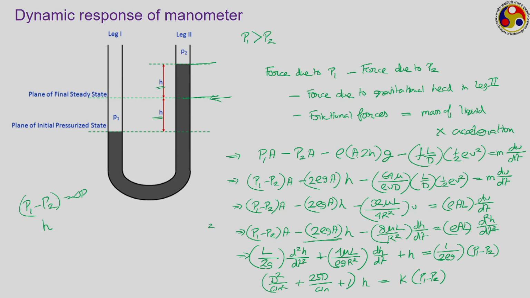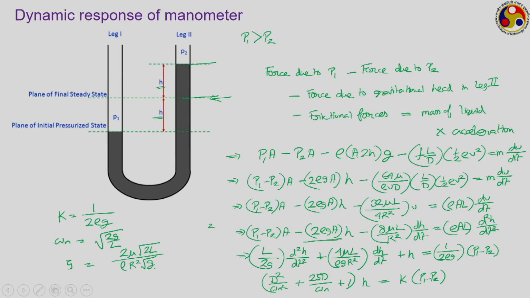So, if we compare here, k is most straightforward, k will be equal to 1 by 2 rho g, omega n by visual observation becomes root over 2 g upon L, and zeta, how much will the zeta be then? We have 2 mu by root 2 L by rho r square into root over g. So, we have the natural frequency, the corresponding damping coefficient, and the static gain as well.